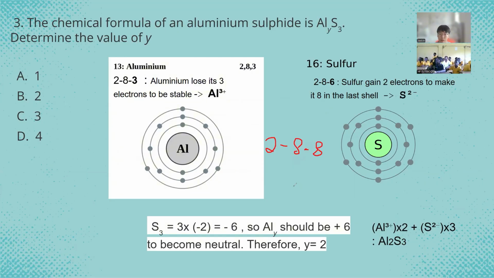When an atom is not in this structure, you need to make the outermost shells equal to 8. Or the exception is, if it only has one shell, you make it into 2. But if it has 8 electrons on the outside, the atom is stable. So that is what we learned today.